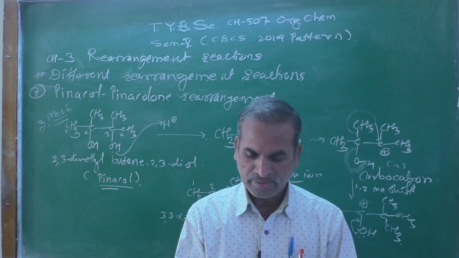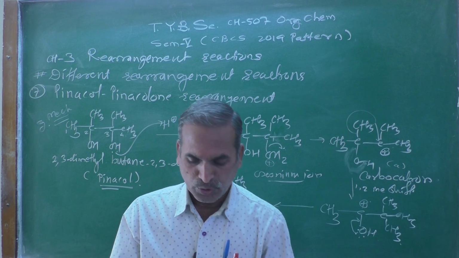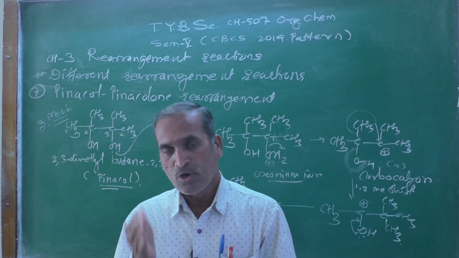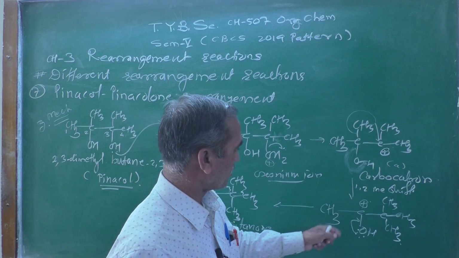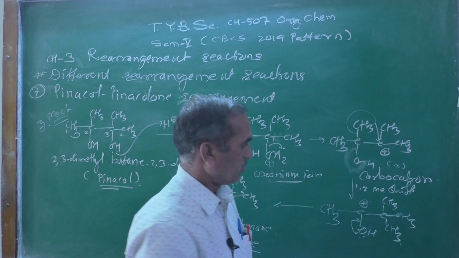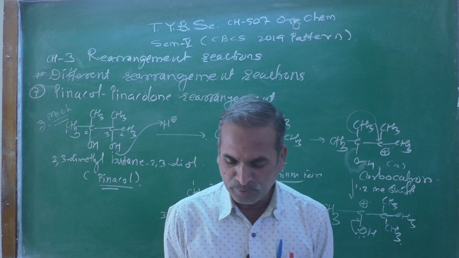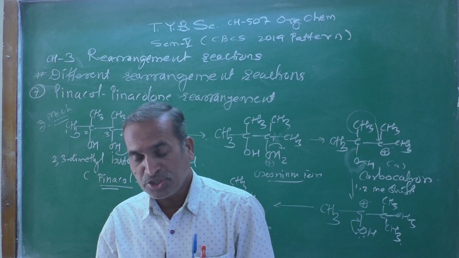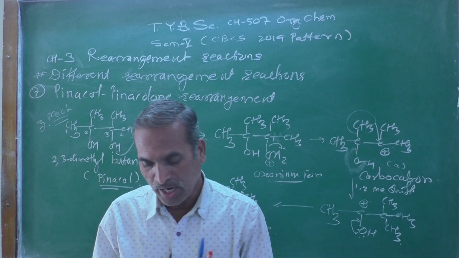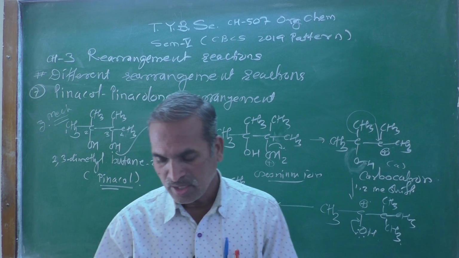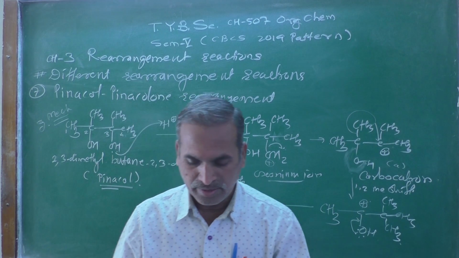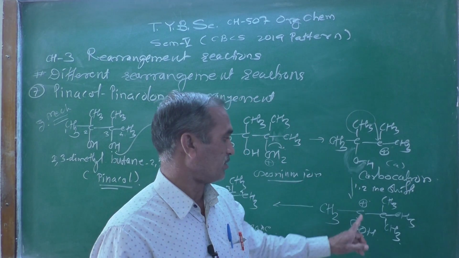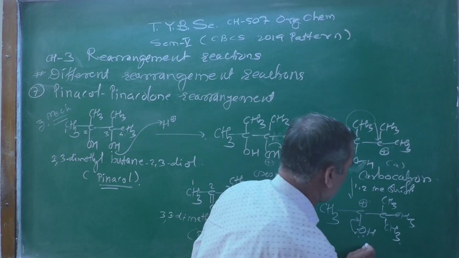Now see the fourth point. Due to the 1,2 shift of the methyl group, the positive charge is now shifted onto the carbon bearing the hydroxyl group to form a new carbocation B, which is shown over here.